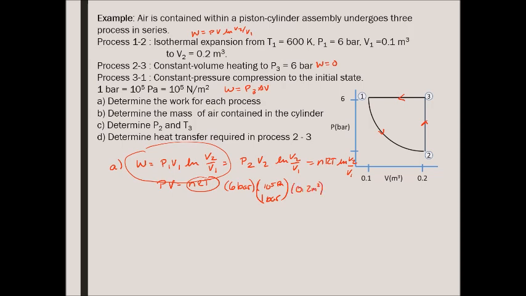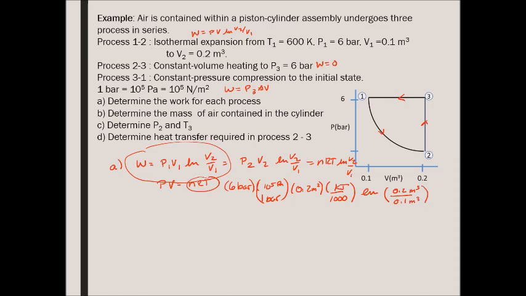And then our volume is 0.2 meters squared. And we're probably going to want to be in kilojoules. So this is right now joules, so we're going to do kilojoules. We're going to divide by 1,000 times the natural log of V2 over V1. V2 is 0.2 meters cubed, and V1 is 0.1 meters cubed.